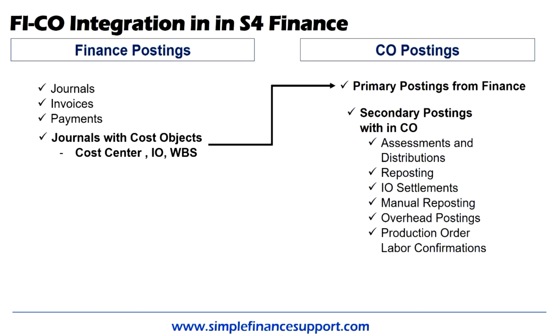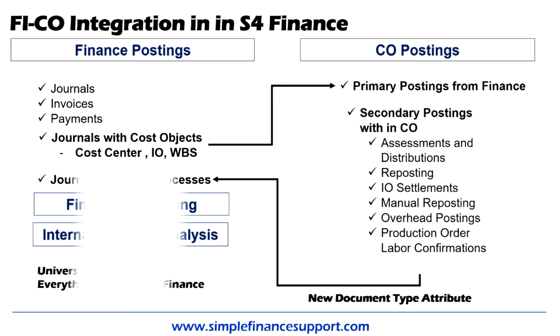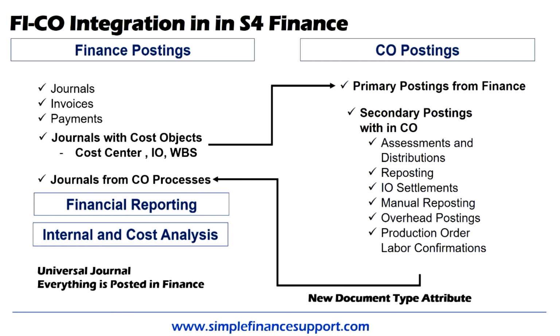And then all the CO processes such as assessments, distributions, reposting, internal order settlements, all these CO related allocations and distributions are passed back to finance with a new document type attribute. So the journals which occur in the CO are automatically posted in the finance.